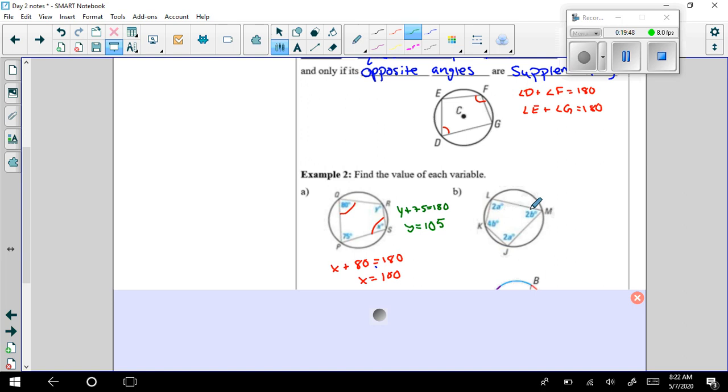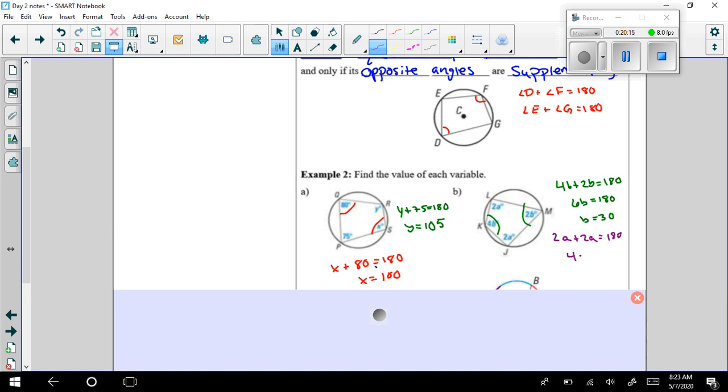Same thing here. Opposite angles, so here and here. So 4b plus 2b is 180. So 6b equals 180, and b equals 30. And 2a plus 2a equals 180.